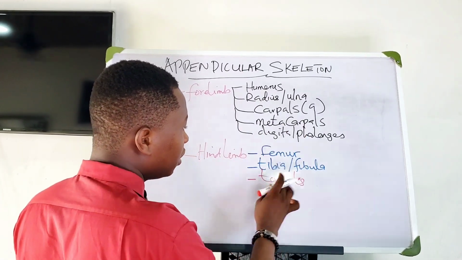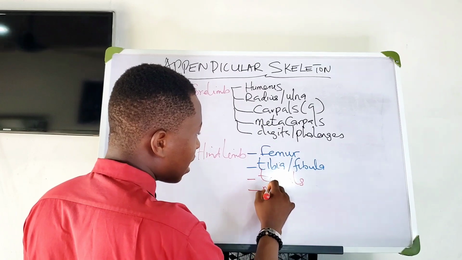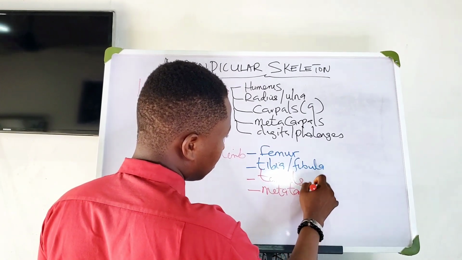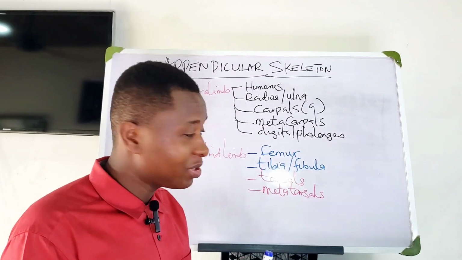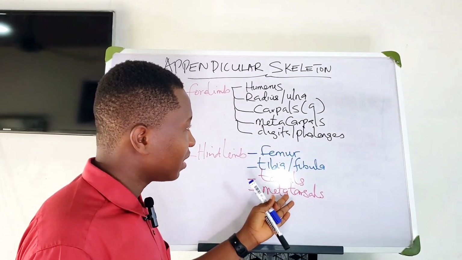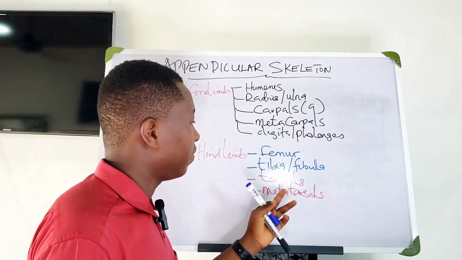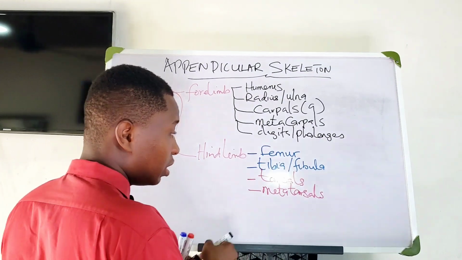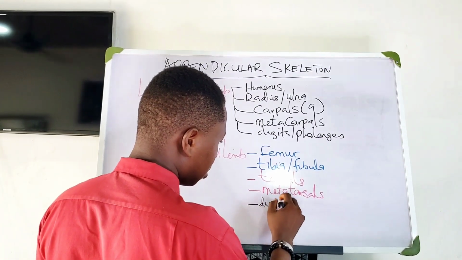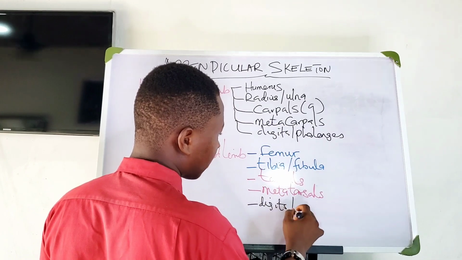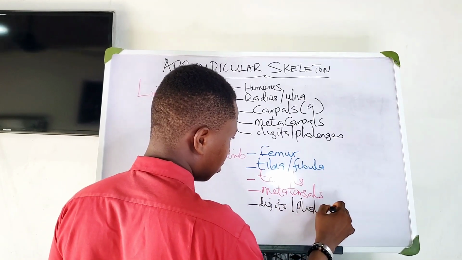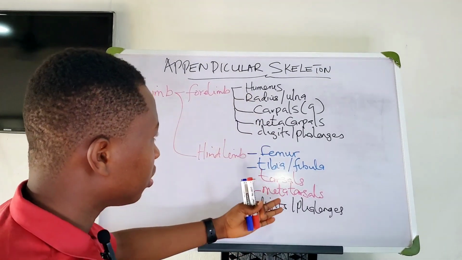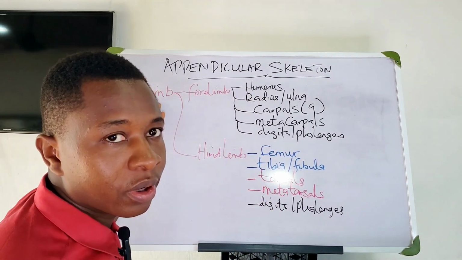Now moving down, you have the metatarsals, just like you have the metacarpals here. I hope this is understandable enough. The next bone that follows will be the digits, or you can call them phalanges as well. So these are the bones that make up the limb.